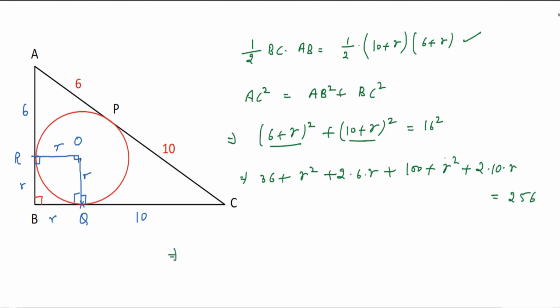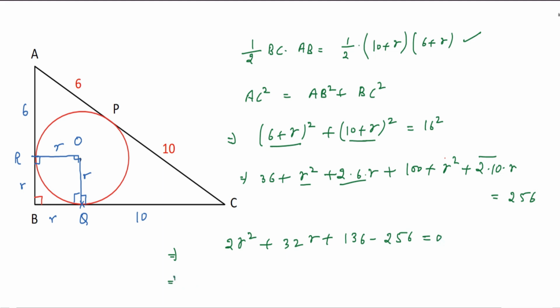So from here we can write r square plus r square, that will be 2r square, and here 12r and 20r, that will be 32r, and further here we have 136 negative 256 equal to 0.